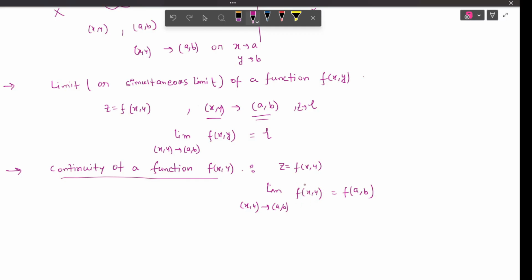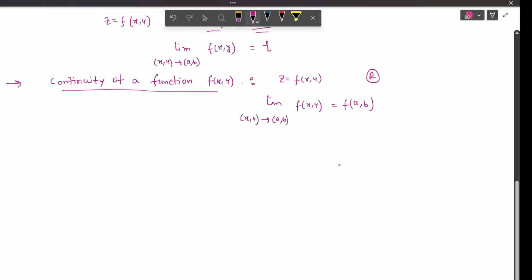If f of x y is continuous at every point within the region R, then we say f of x y is continuous in the region R. So let us see one question. So you will understand it more.